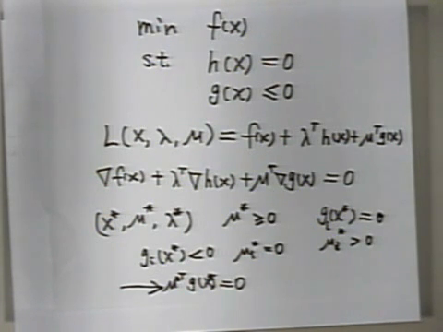And then I asked all of you to think about what we can do in order to avoid exhaustive search for all the possible configurations in these so-called KKT conditions to find the stationary points for the inequality constraint optimization problem.